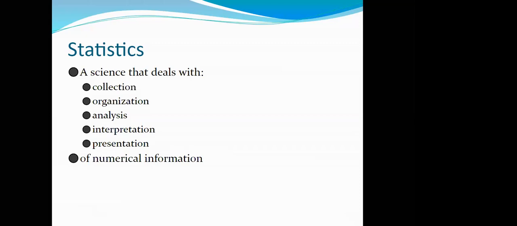Then let's look at analysis now. Data analysis is the most crucial part of statistics. Okay, so data analysis, it is a process of systematically applying statistical and or logical techniques to describe and illustrate, condense and recap and evaluate data.